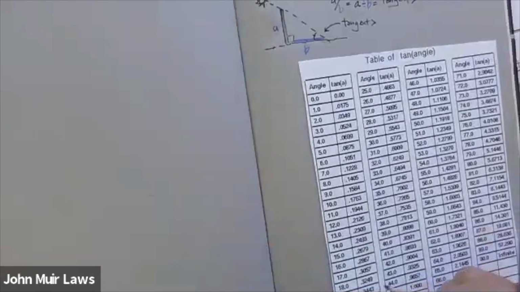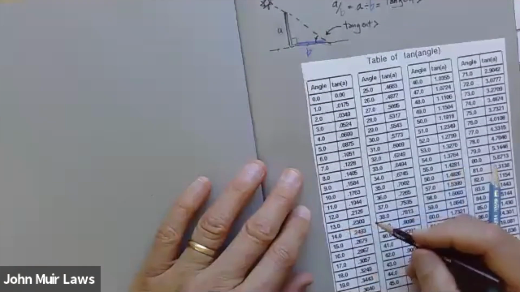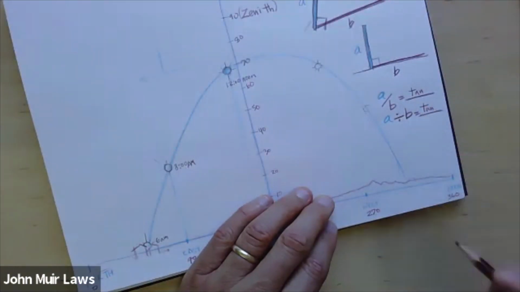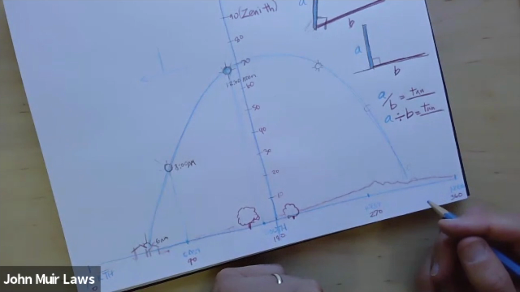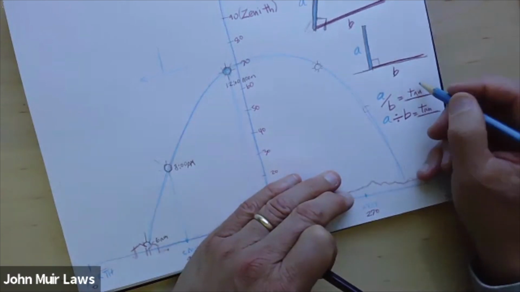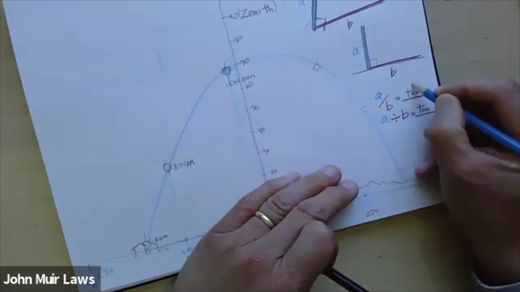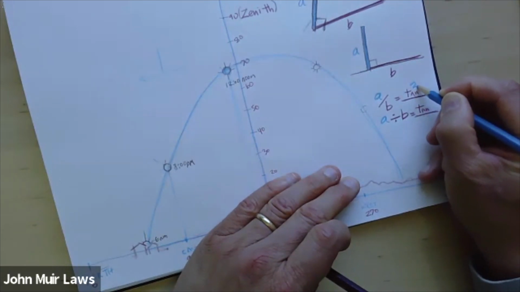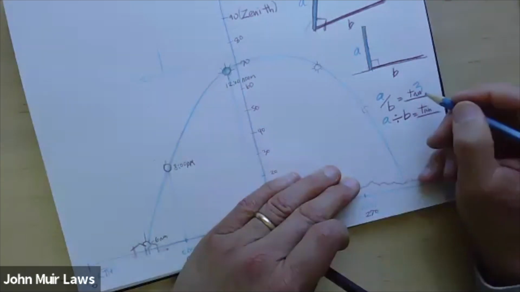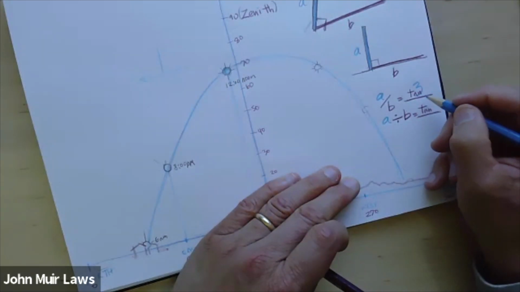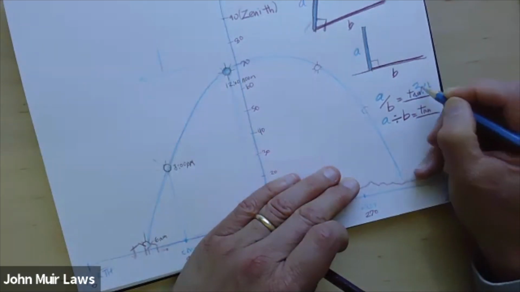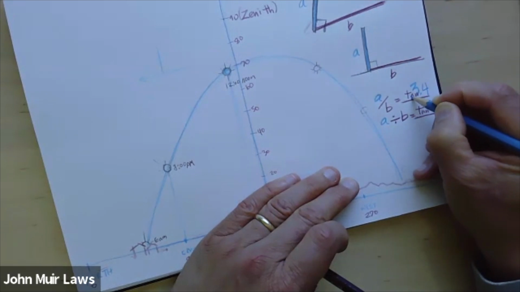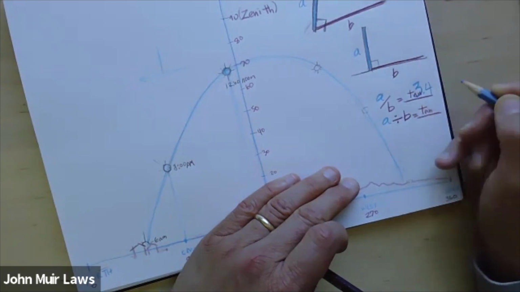So let's say I did A divided by B, and I got 3, or maybe 3.4.